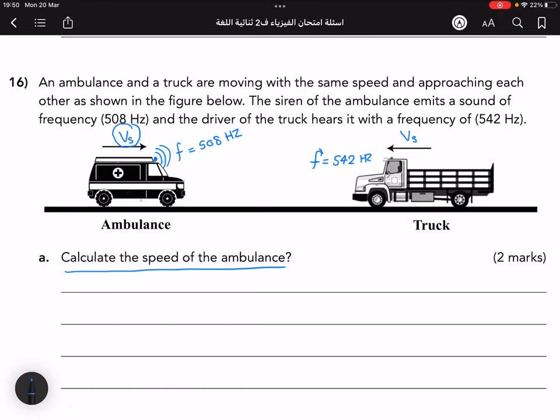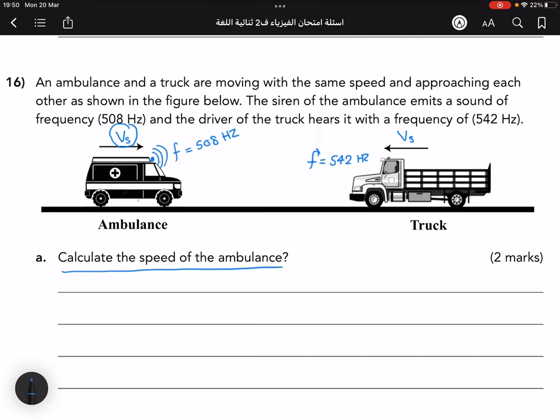Then we need to apply this equation: F prime equals something multiplied by the real frequency of the source. Inside the brackets we have the velocity of the sound plus V0, the velocity of the observer, over the velocity of the sound again minus the velocity of the source.